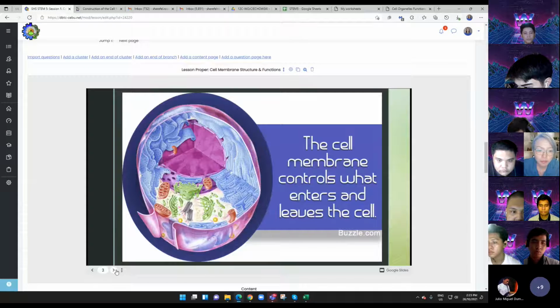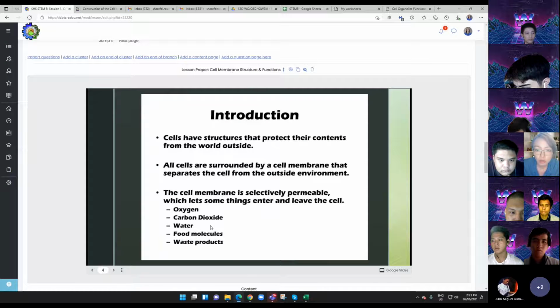Next is, so we know already that our prokaryotic cell, eukaryotic cell is all made of, or all have cell membrane. Okay, so it is the one controlling what goes in and what goes out. And it is protecting the entire, the sulod nga environment, separating the outside environment.